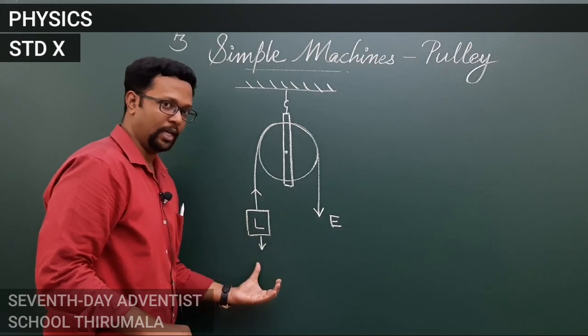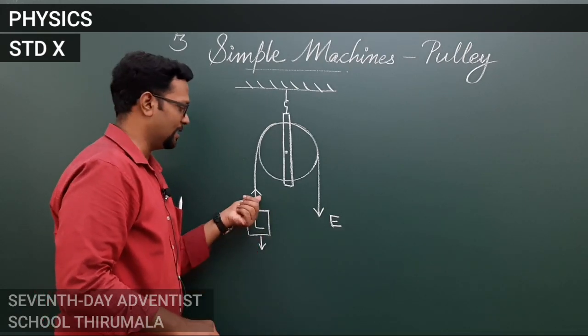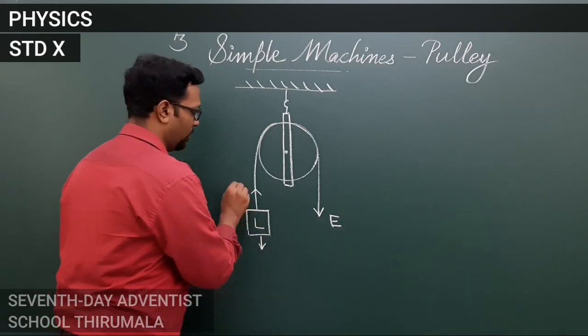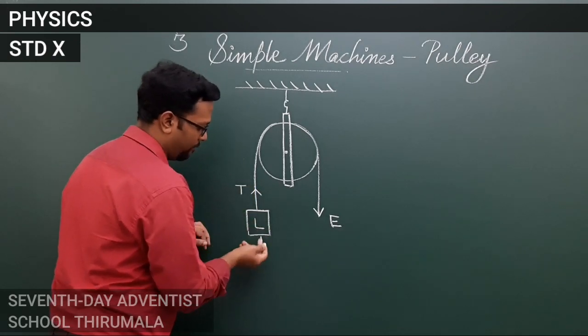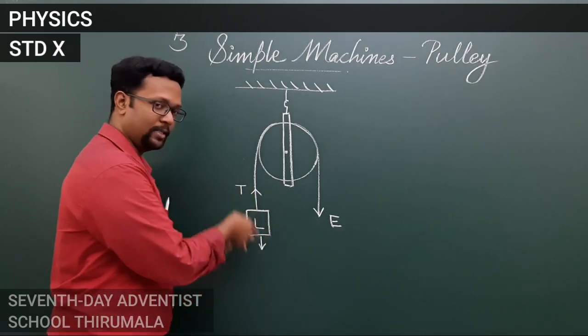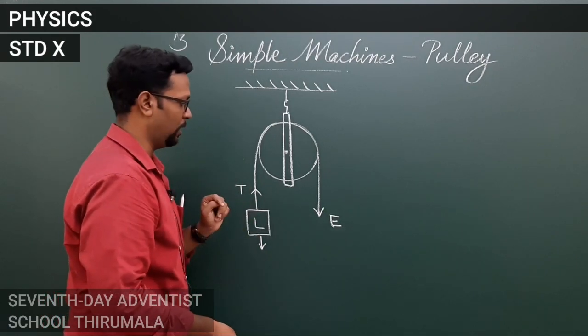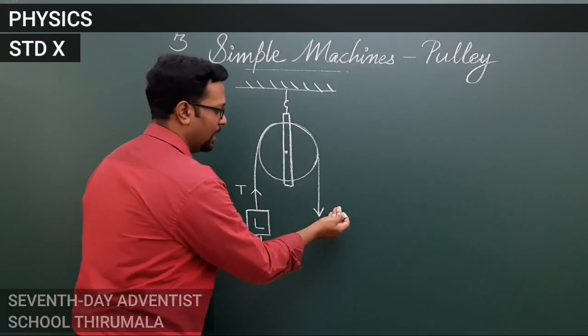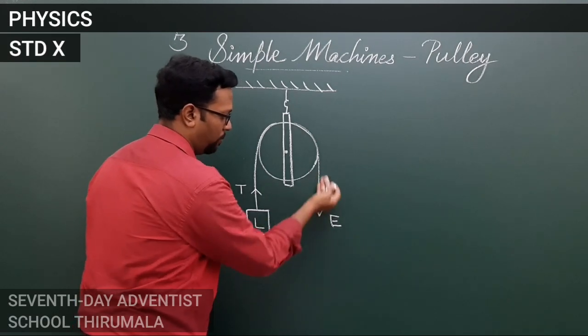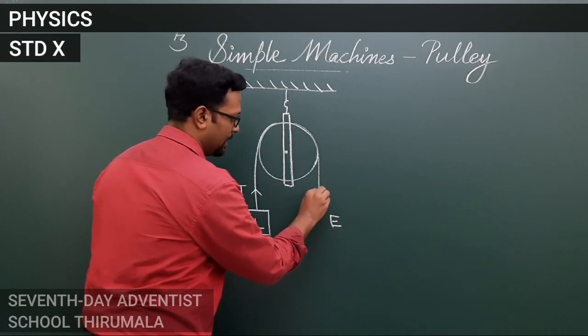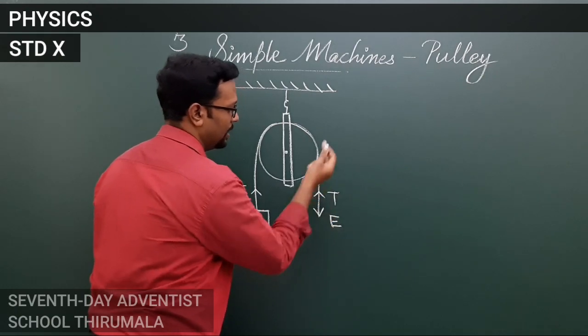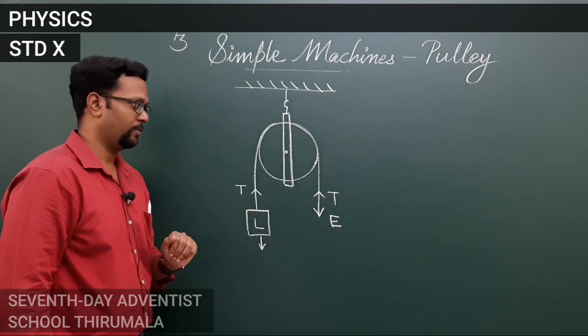When you hang something or pull a string, there is a force in the string which is called tension force. This load is acting downwards, this tension is acting in the upward direction near the load. So when we pull this rope downwards, again there is another tension acting in the upward direction.